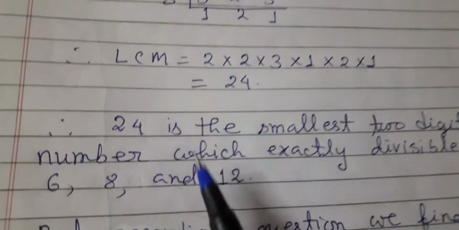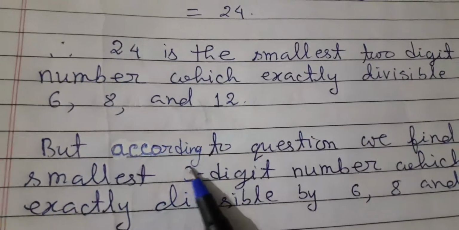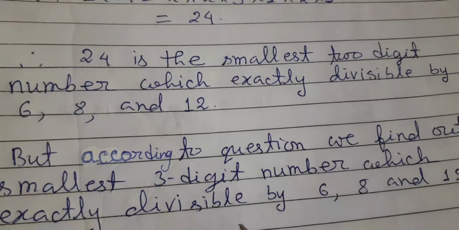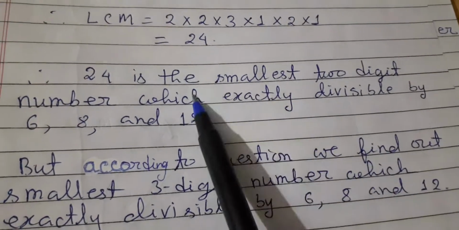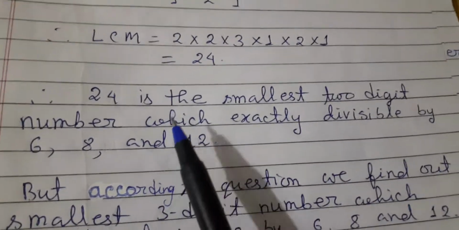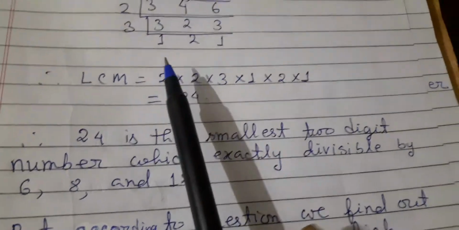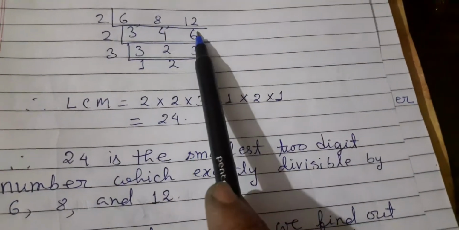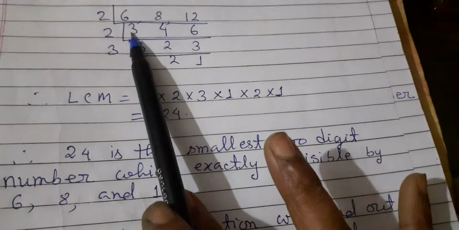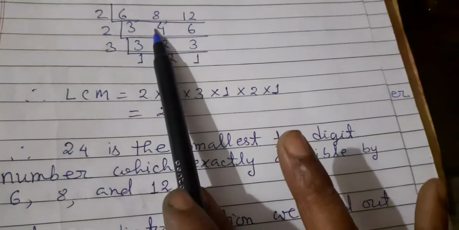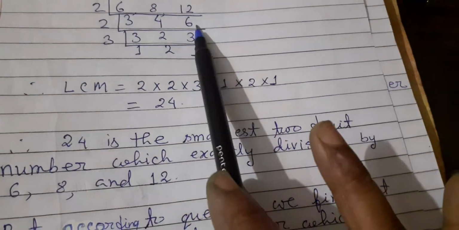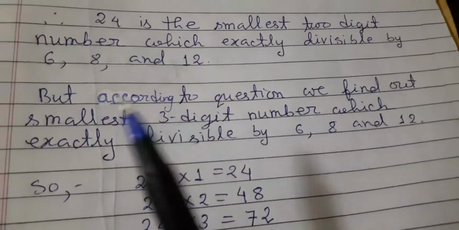But according to our question, we need the smallest 3-digit number. 24 is the smallest 2-digit number which is exactly divisible by 6, 8, 12. Yes, 24 is divisible by 6, 24 is divisible by 8, and 24 is divisible by 12 also. But we require the smallest 3-digit number.